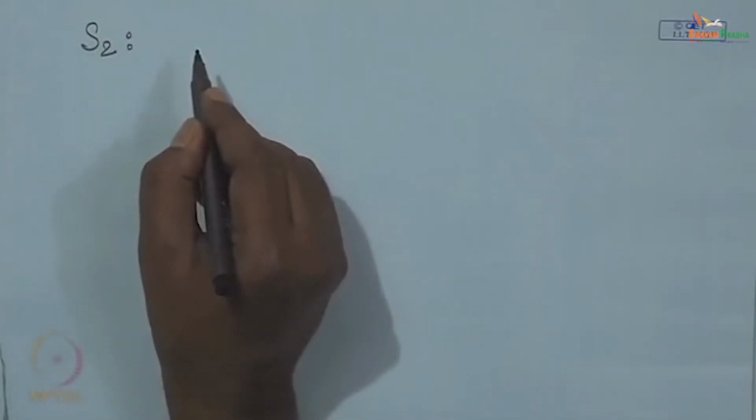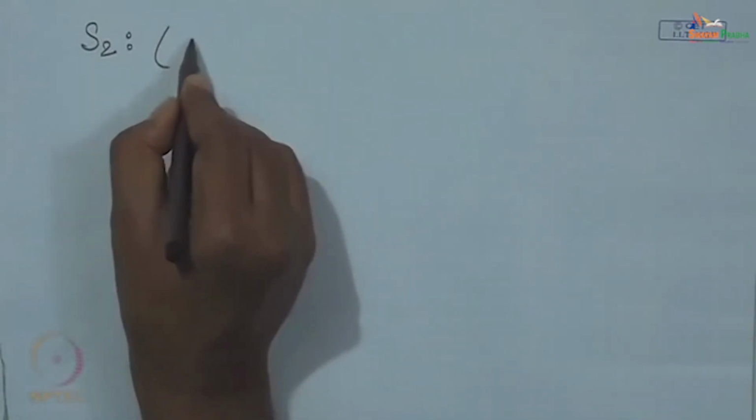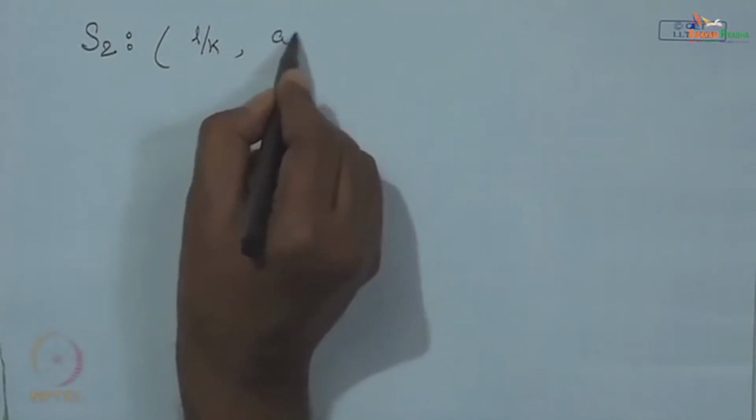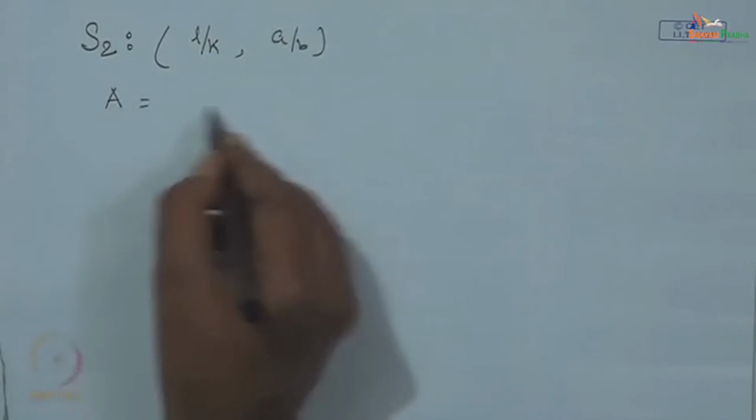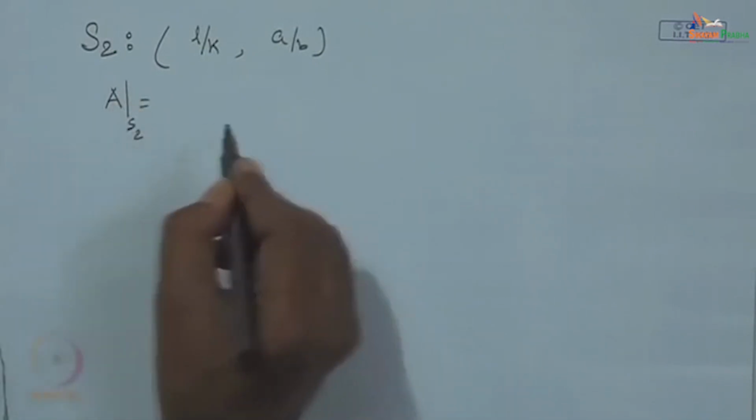We examine the stability of this particular steady state. S 2 is L by k and A by b. Evaluate the Jacobian matrix at S 2.